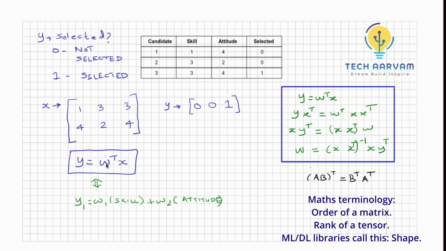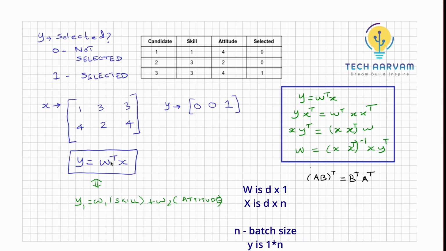So W transpose will be 1 cross D. I'm going to introduce D here. D is the number of dimensions, the skill and the attitude, or the number of parameters. So I'm going to call the number of parameters D. W transpose will be a horizontal matrix with one row, so it will be 1 cross D.